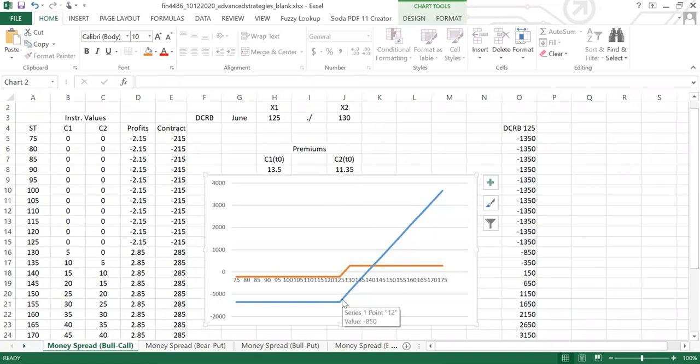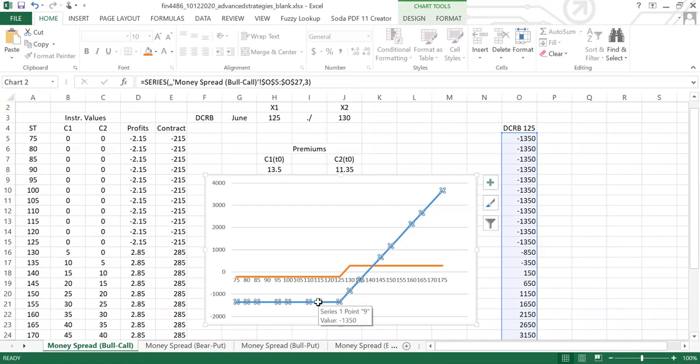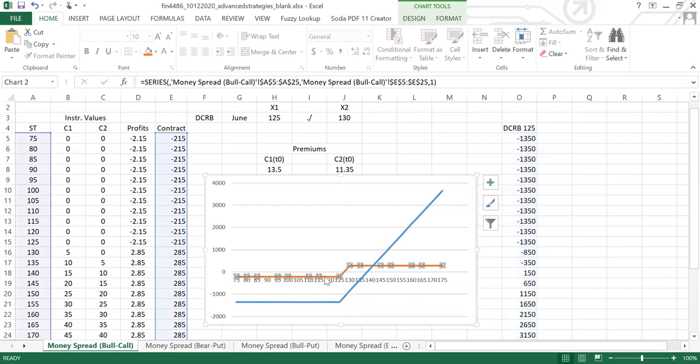If you're investing in the call option, you have much higher potential losses if the stock drops, but you have unlimited gains. If you're forming the bull spread portfolio, then you have limited losses, much lower losses, but you also have lower gains, right? So this is a low risk kind of strategy. Depending on how you build it, you can make it low risk. So that is a bull spread.